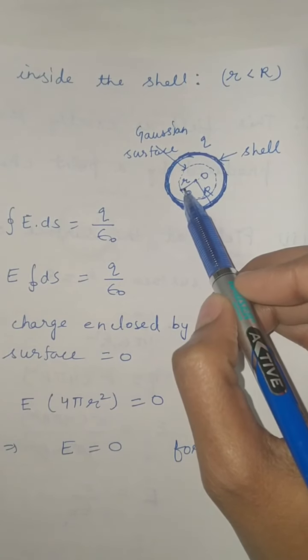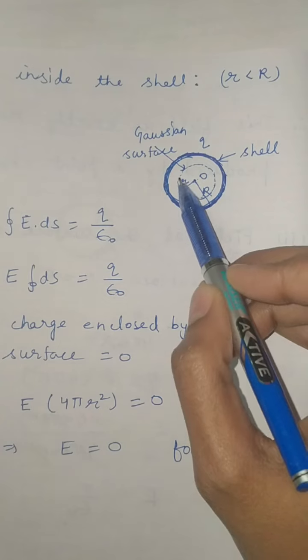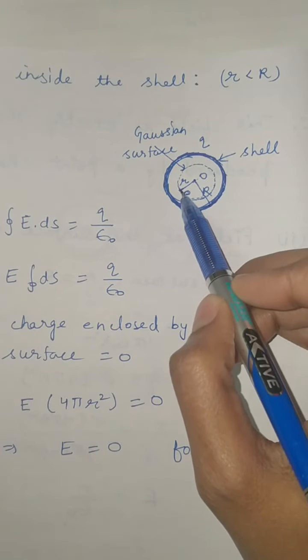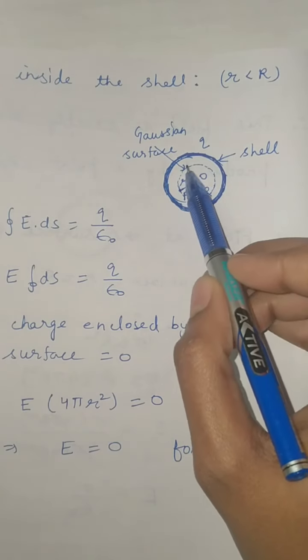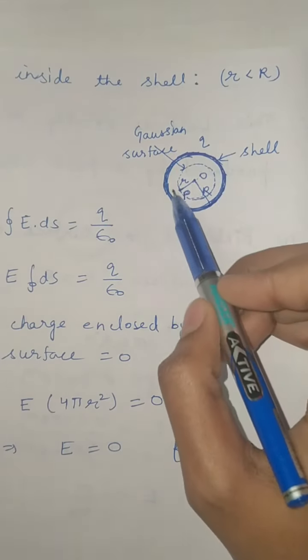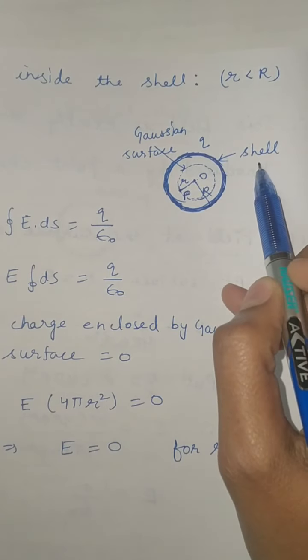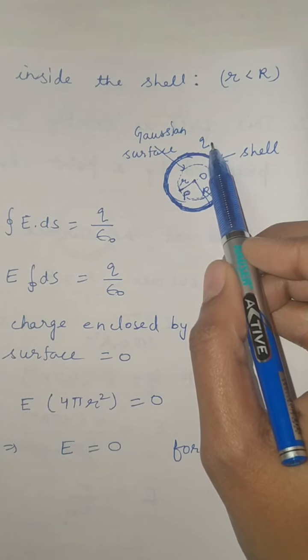If we want to draw the Gaussian surface, we will draw this sphere on whose surface the point P lies. So this dotted line represents the Gaussian surface, and this solid line, obviously, is the shell. The charge on the shell is small q.